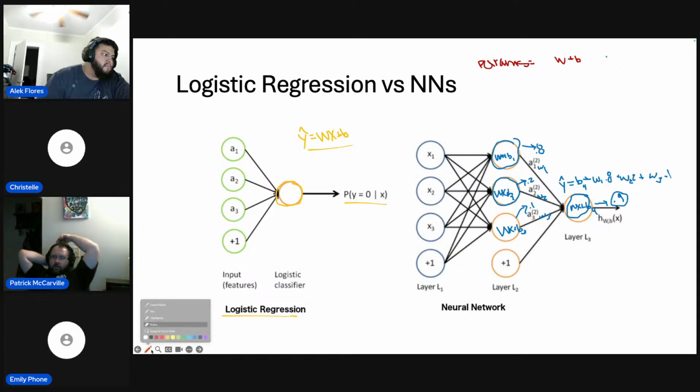Okay, so let's count them. Let's forget about this node here because it's not really in the picture. Let's assume there's 4. This is x sub 4. So we can count the weights and the biases.